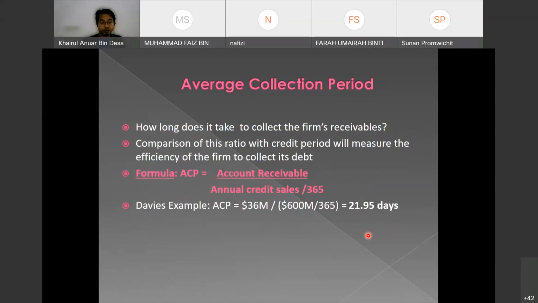Okay, 22 hari. Syarikat ini mengambil masa 22 hari untuk mengutip balik hutang jualan kredit. Soalan saya, bagus atau tak bagus?